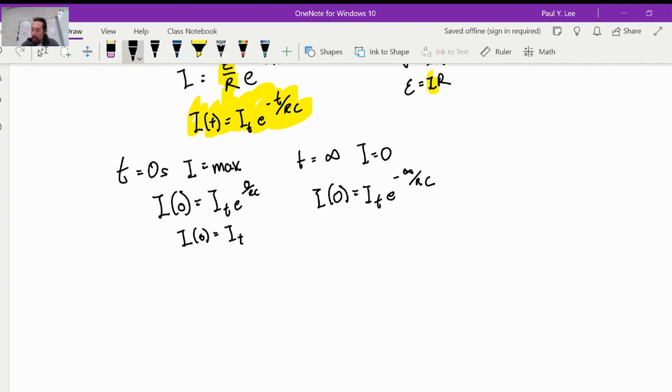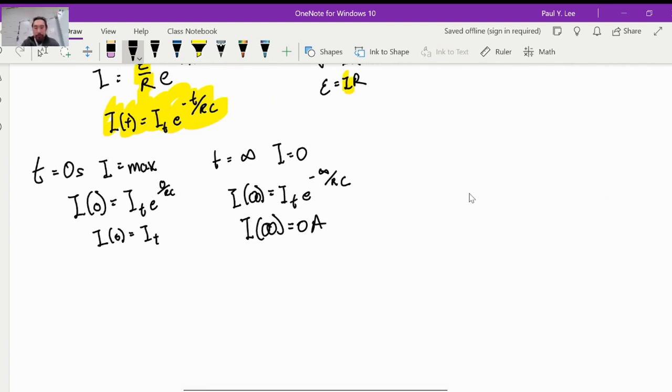E to the negative infinity gives us a big fat 0, and 0 times I_T gives us 0 amps. Wow. So what this shows us is that when a capacitor is fully charged up, there is no current flowing through it.